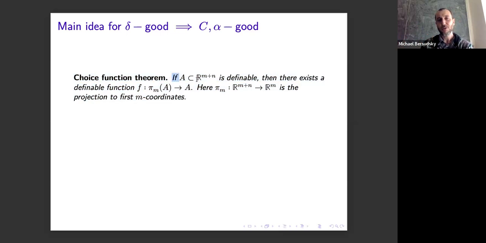It's stated as follows. If A is a definable subset, then you have a definable function, called the choice function, from the projection of A to the first coordinates into A.